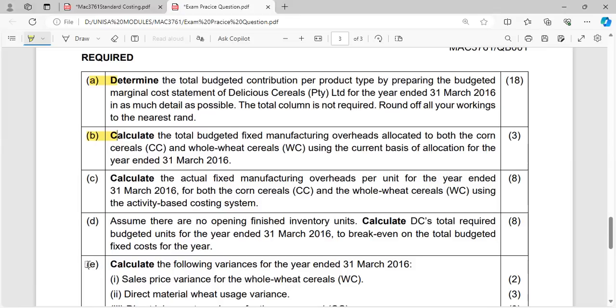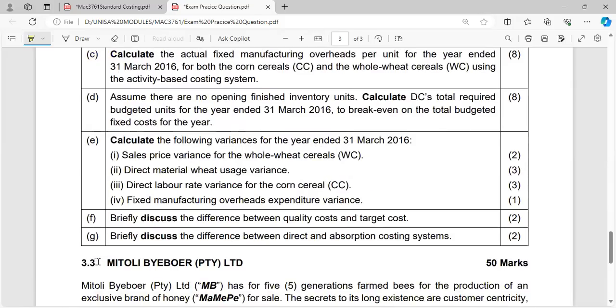So I want you guys to try to do E. Try to calculate these variances from this question. There's 1, 2, 3, 4. Try to calculate these variances and see where you get lost.